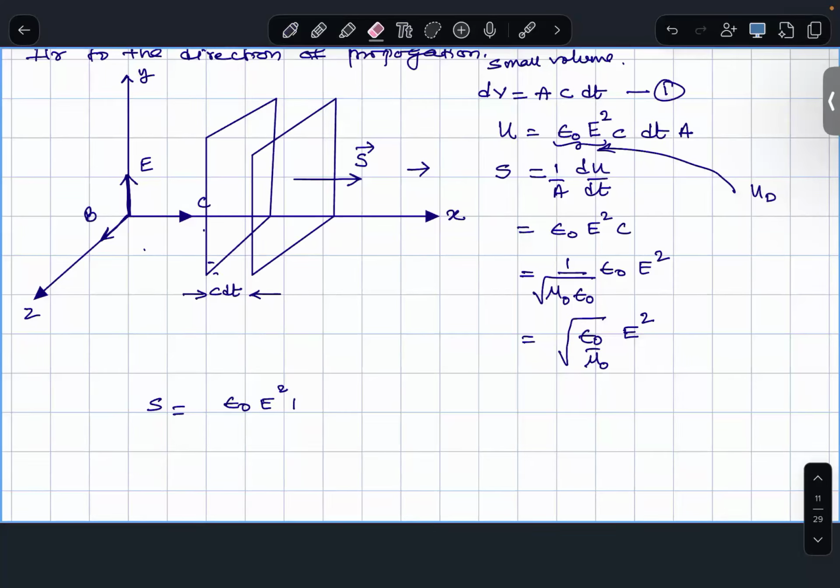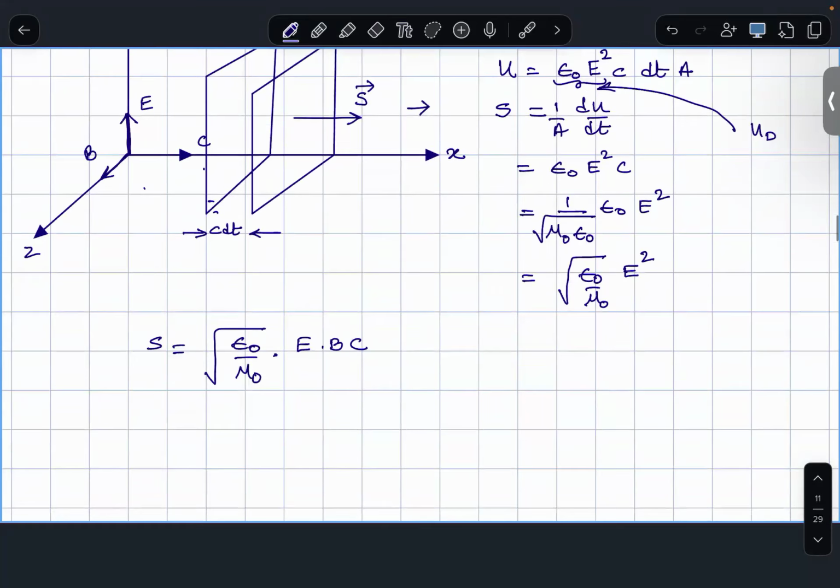So one fact, in the place of 1 by E, I can write C is 1 by root again.